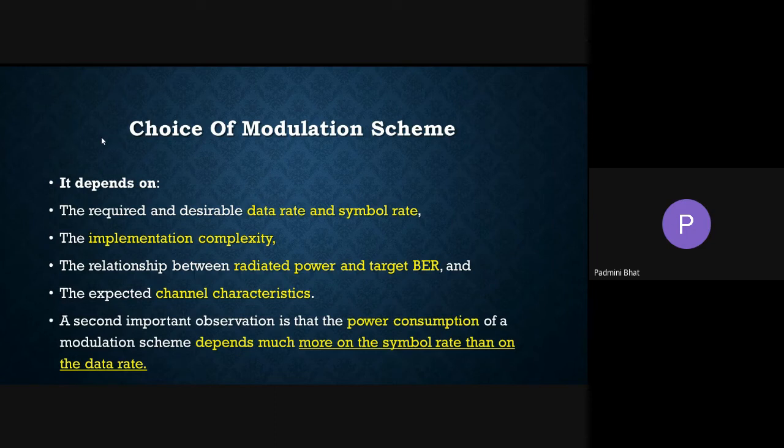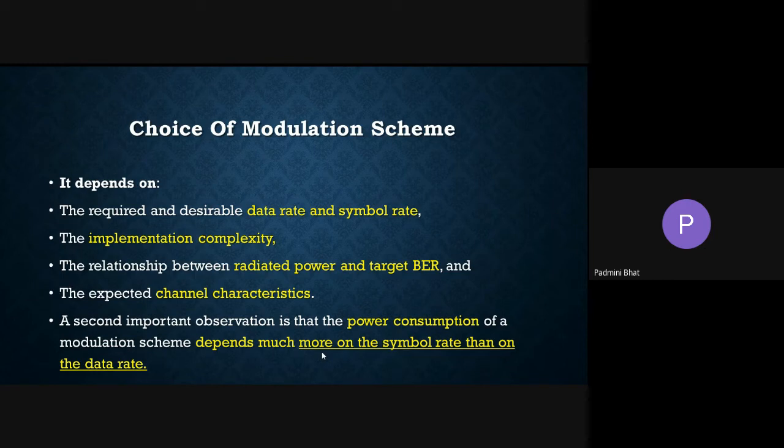A second important observation is that power consumption of a modulation scheme depends much more on the symbol rate than on the data rate. This is directly related to the explanation I have given now. Power consumption of the modulation scheme depends on the symbol rate. As I said, if I'm going for a higher symbol rate, I have to use a complex circuitry. When I'm using a complex circuit, definitely I need more energy, more power.